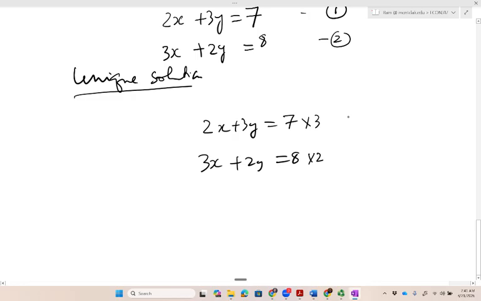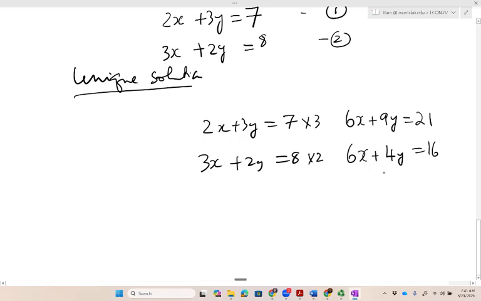the transformed first equation turns out to be 6x plus 9y equal to 21. Then the second equation multiplied by 2 turns out to be 6x plus 4y equal to 16.